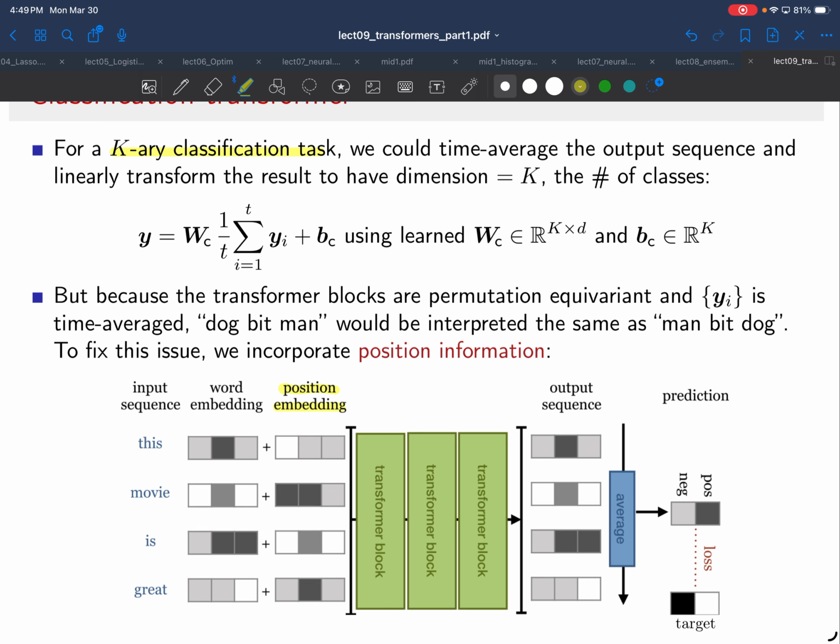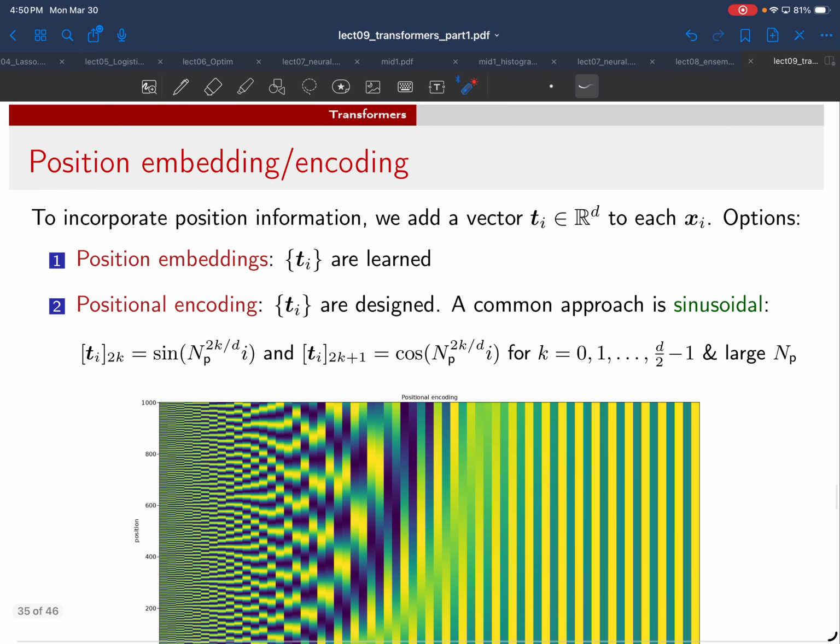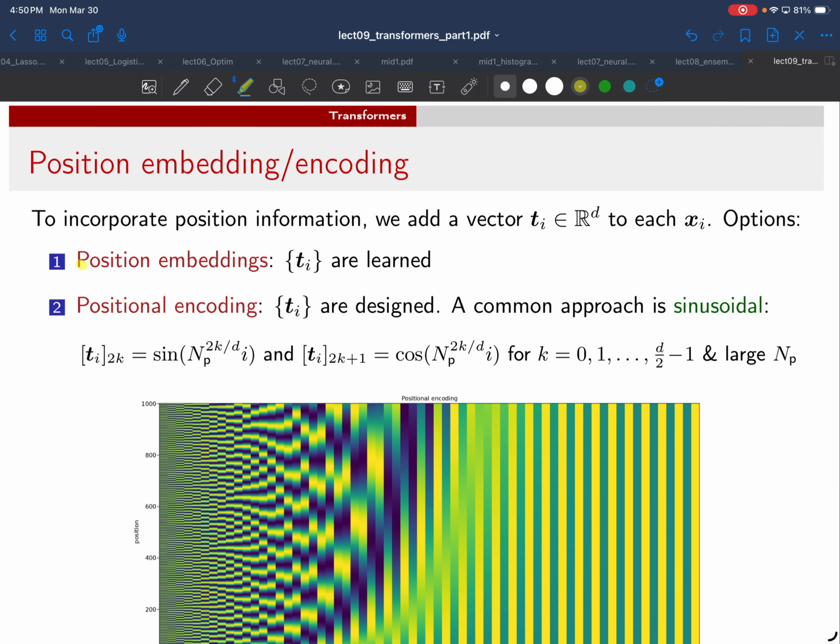Position information. There's a couple ways to do this, but basically you add something that tells you this is the first word, this is the second, third, and fourth, so that the transformer blocks can interpret the location in the sentence in a meaningful way. There are basically two ways to do this: position embeddings and position encoding.